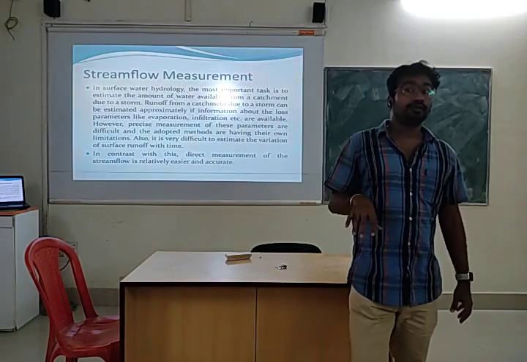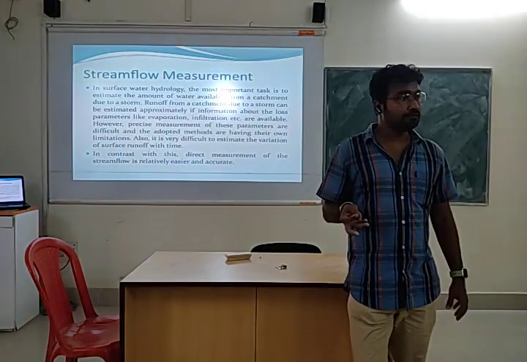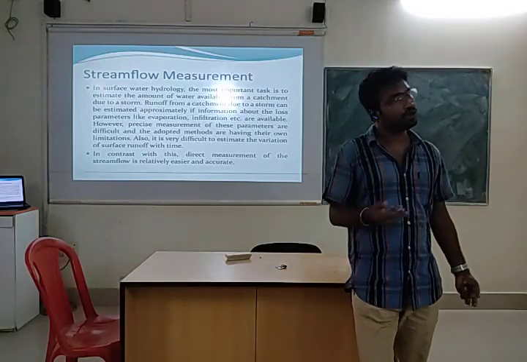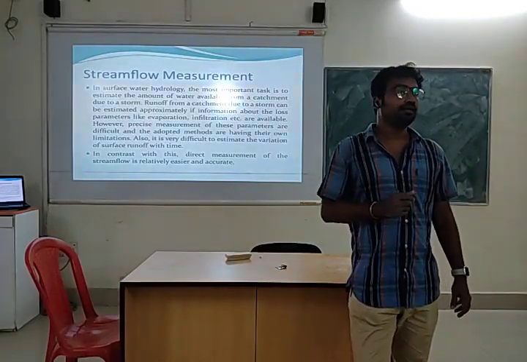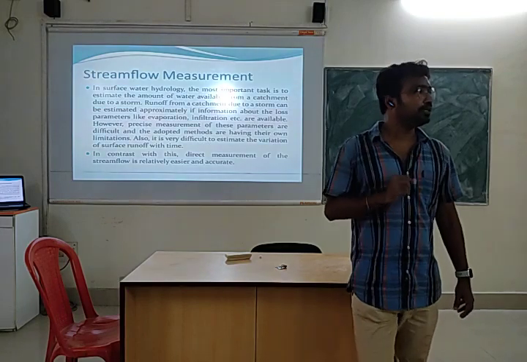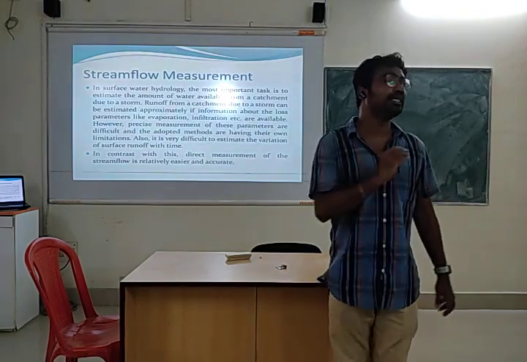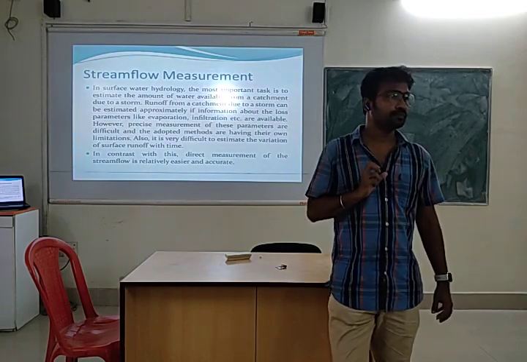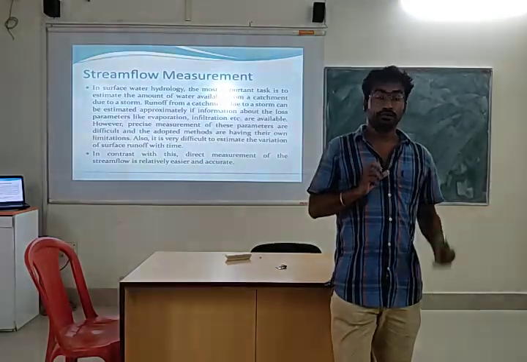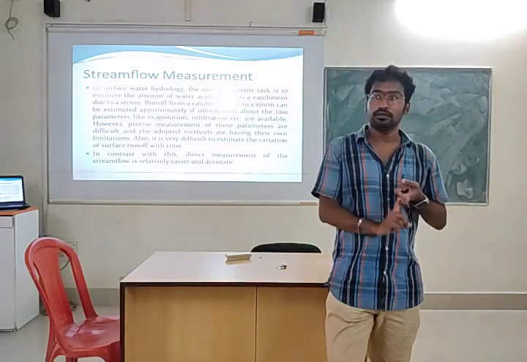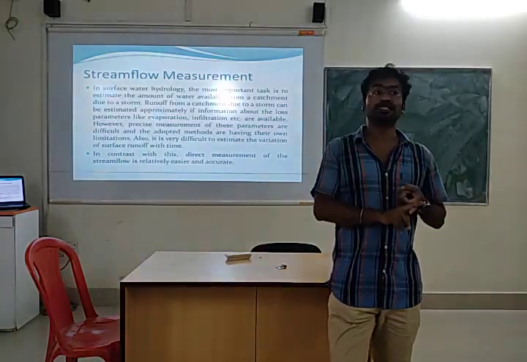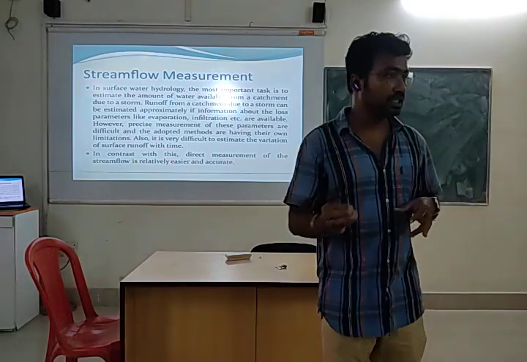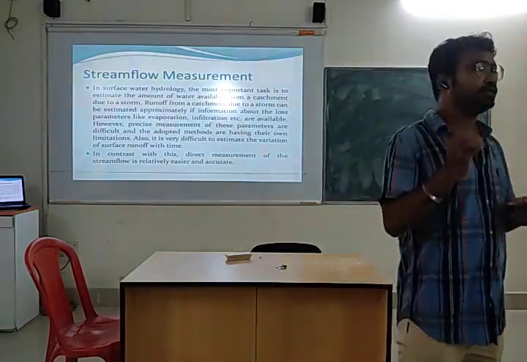Now, evaporation can be found out, right? Evaporimeter. Infiltration can be found out, infiltrometer and other things. But in the losses chapter, we have already seen that measuring various sorts of losses is pretty hectic. Yes or no? Measuring it accurately is pretty hectic. You cannot find out the exact value of the evaporation, the exact value of infiltration and all.